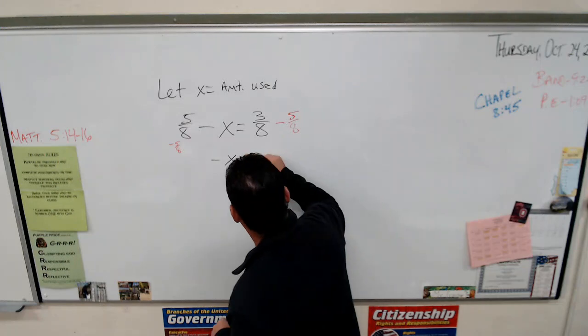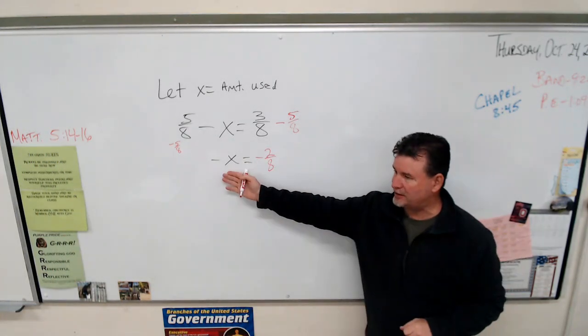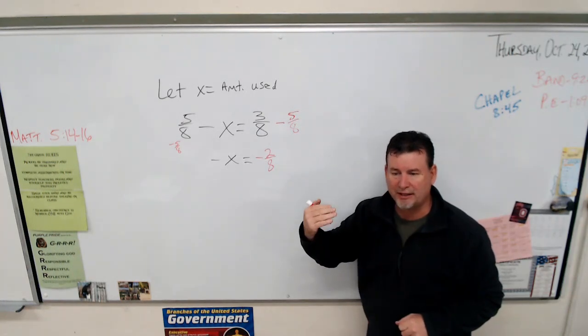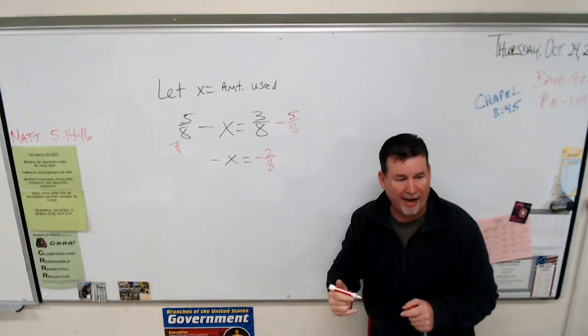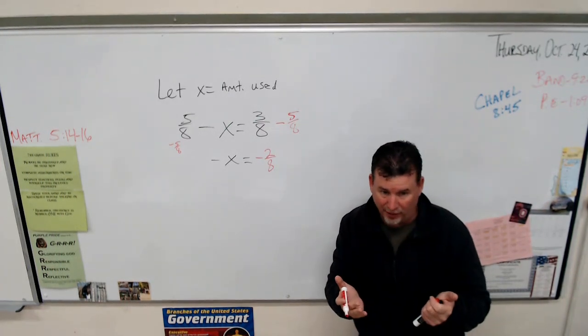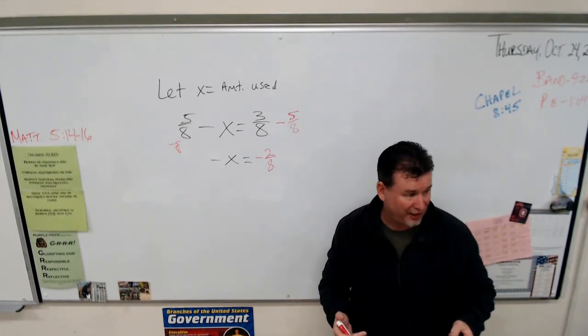Negative 2/8. Okay, so I'm still a little bit confused because I don't like this negative sign out here, right? How can I change that? What's the simplest way to change that? I can multiply both sides of this equation by negative 1, not 1, because that'll still stay negative.